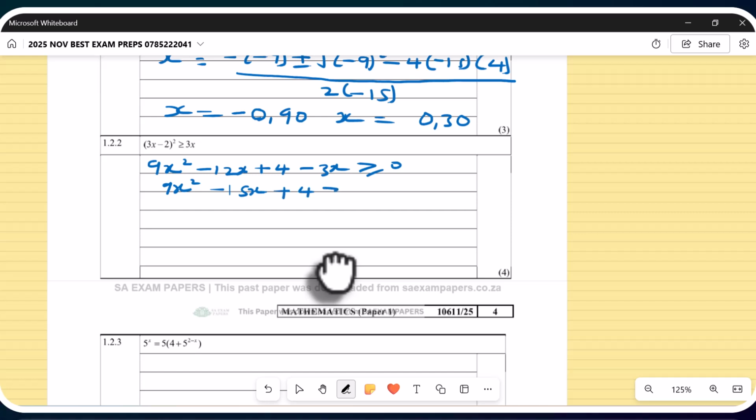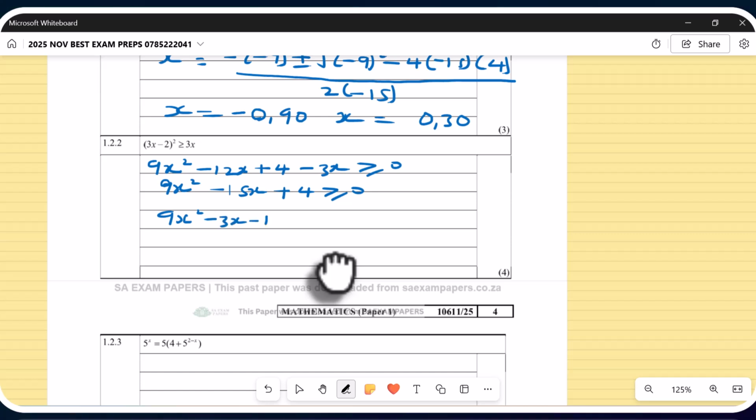So if we check our number line here, we can put it like this. Now look at our inequality, x squared here. Is it positive or negative? It's positive, you see, positive 9x squared. So it's going to have a positive orientation.